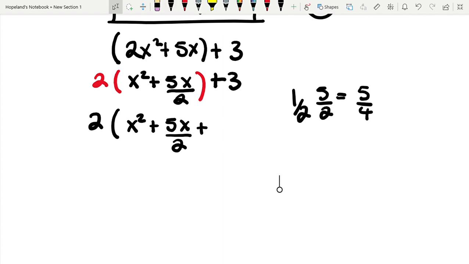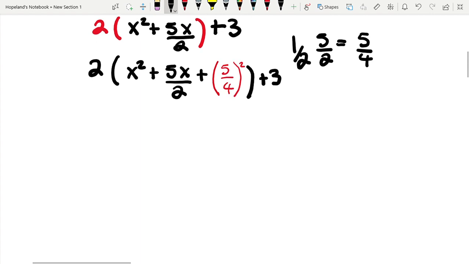So we'll have 5 over 4 all squared, and then you close the parenthesis here and put back plus 3.